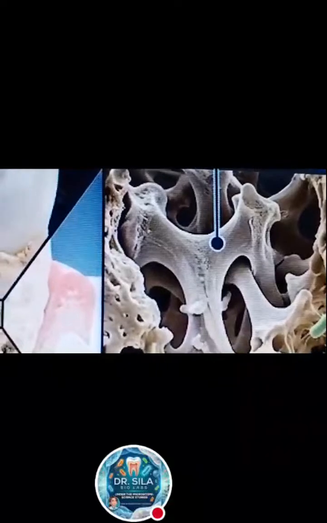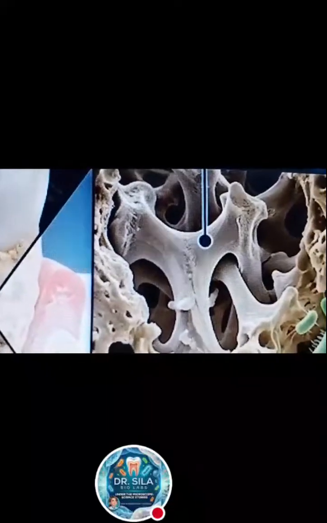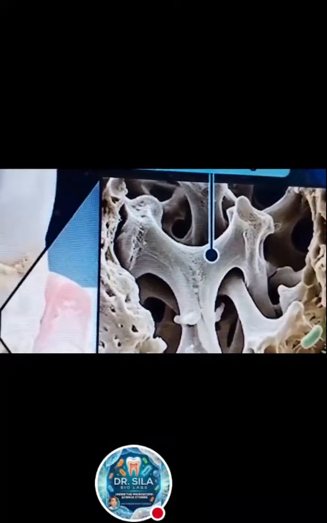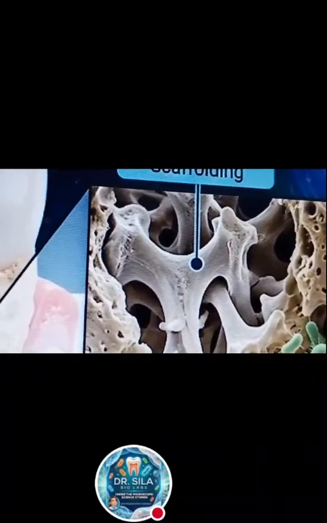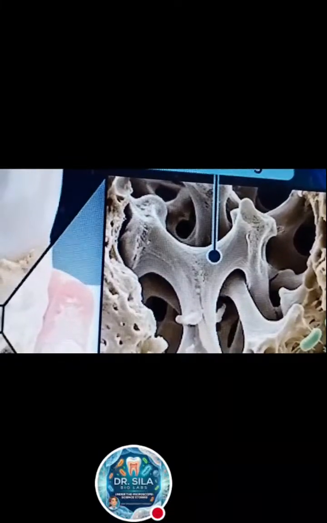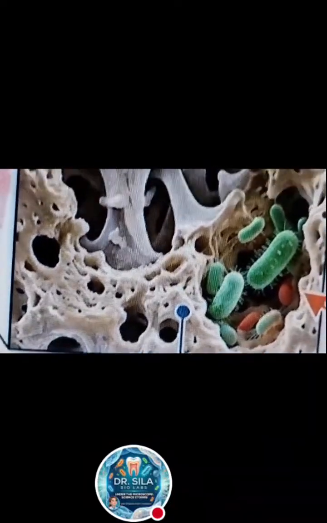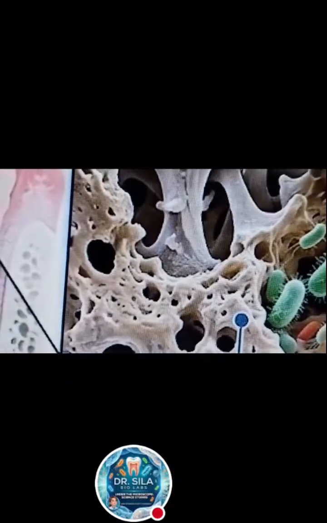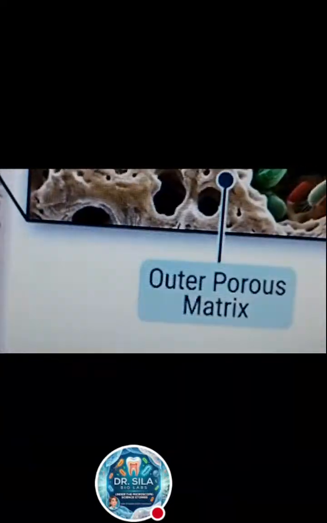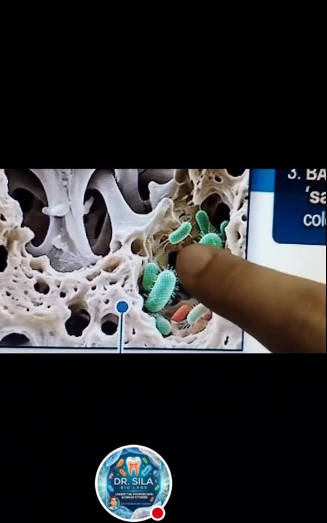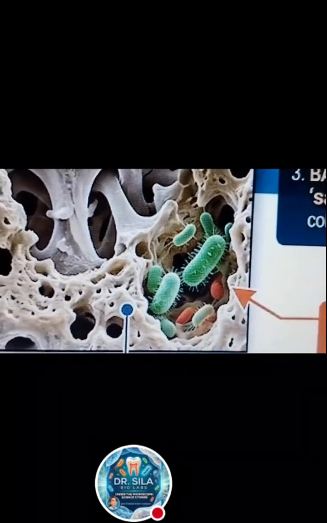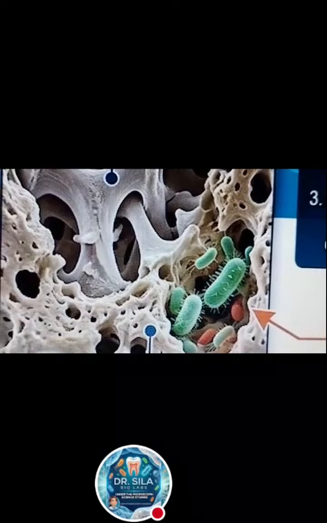You can see, not solid, extremely irregular topography. Bacteria harbor in the perfect safe house for pathogenic colonies to attach and multiply. Bacteria constantly secrete toxins into the gum tissue. Outer porous matrix, you can see. These are the bacteria secreting continuous toxins into your gum tissues.